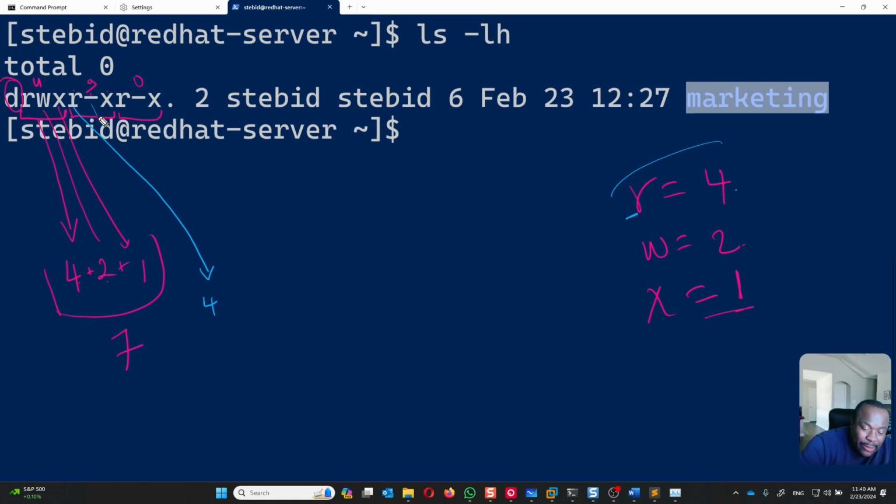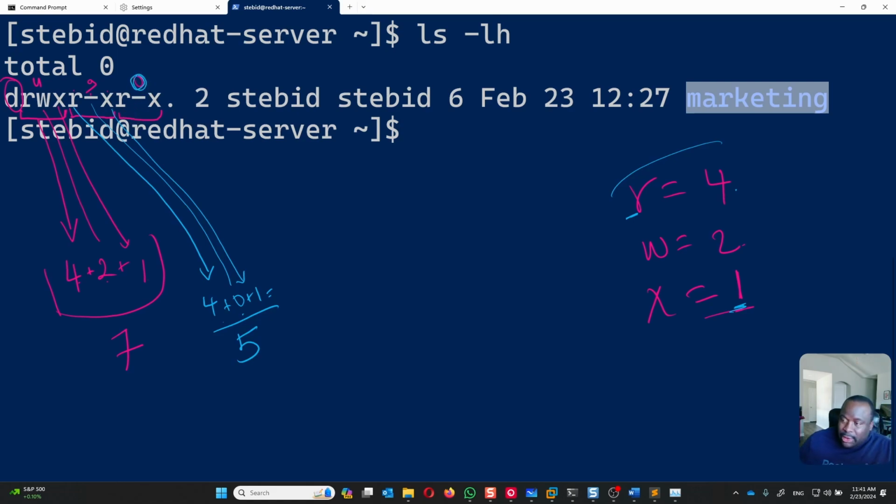So what's the value for a dash? It's 0. So 4 plus 0. And the last permission is an execute. So what's the value for X, guys? If we look over here, it's a 1. So 4 plus 0 plus 1 is equal to 5. Excellent.